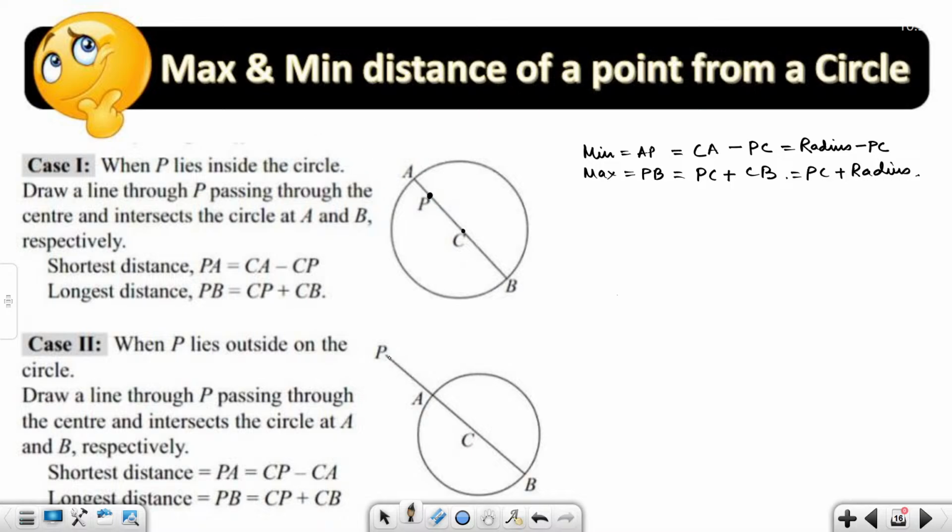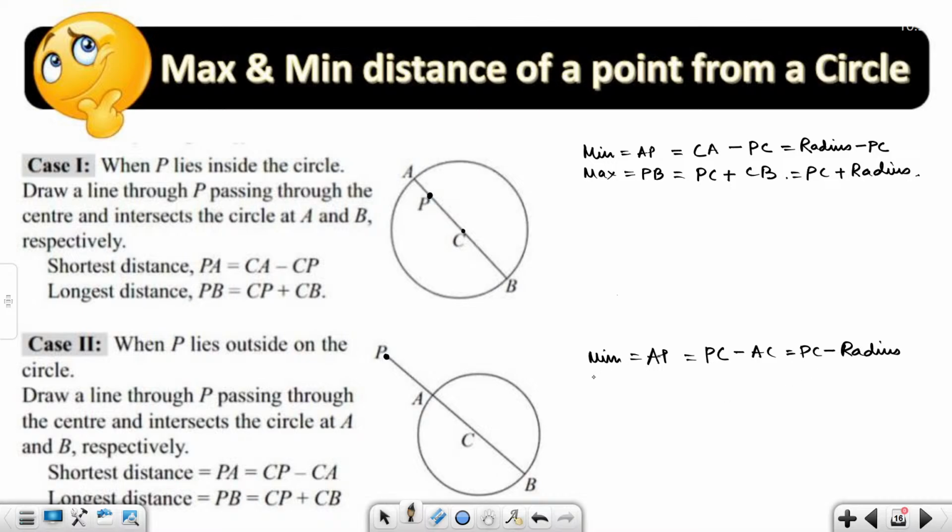Now, let us consider case 2, where the point P is outside the circle. If point P is outside the circle, what is the minimum distance of point P from the circle? It is again AP. How to find AP? It is nothing but PC minus AC, where AC is the radius.